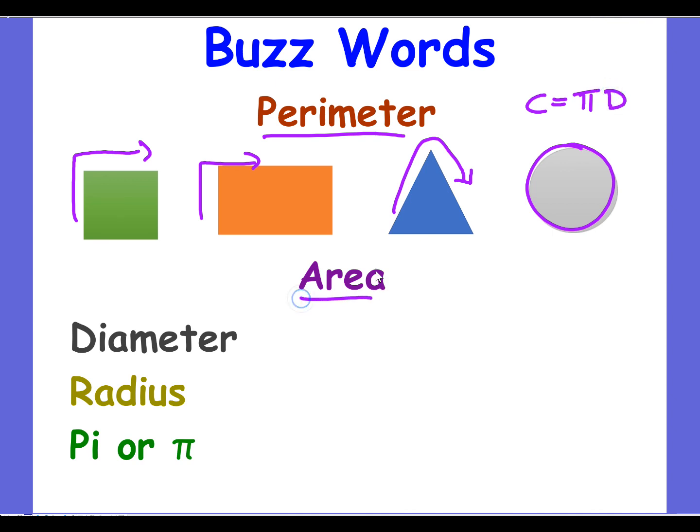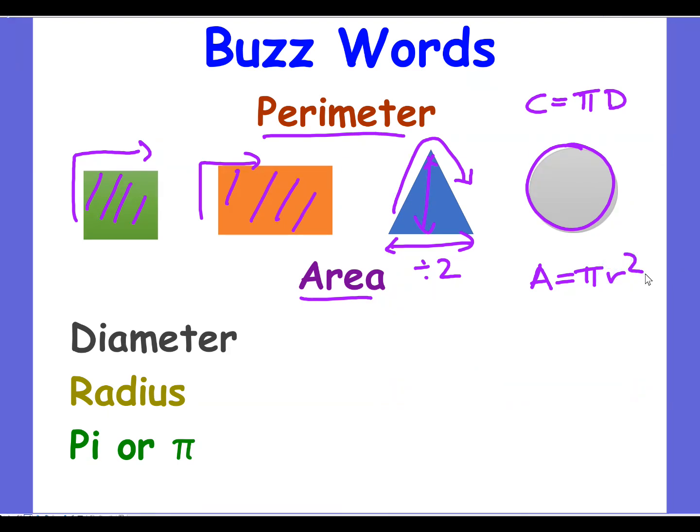For the area of the shapes, you need to multiply the 2 dimensions of the shape. For a triangle, you multiply the vertical height by the base and then divide by 2.